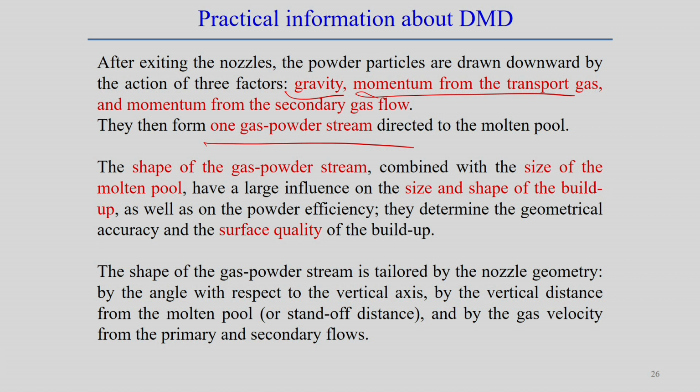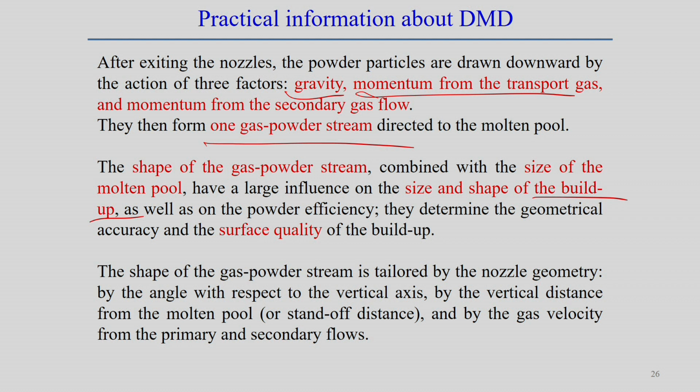So, therefore, the shape of the gas powder stream, what is the shape and the projected area exactly on the surface, combined with the size of the molten pool, have a large influence on the size and shape of the build up.